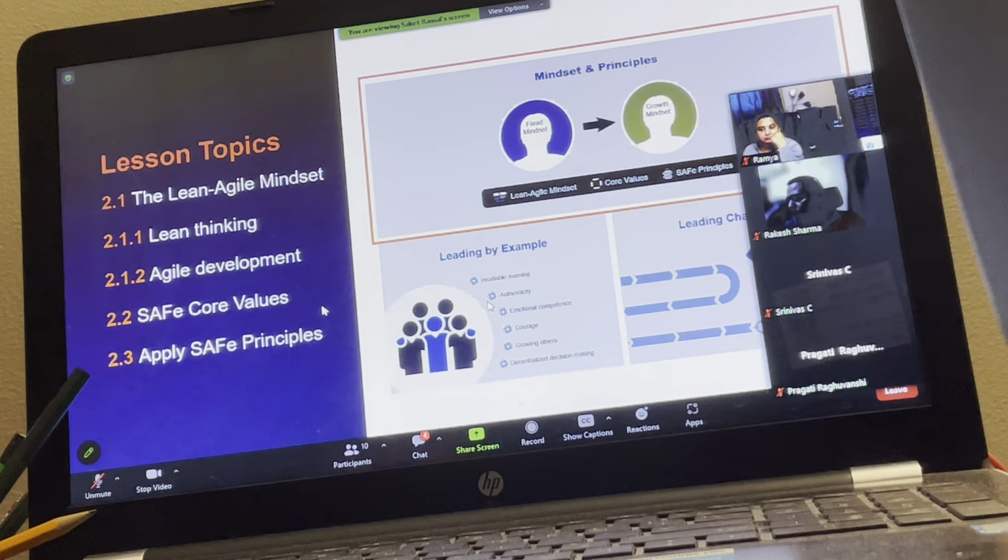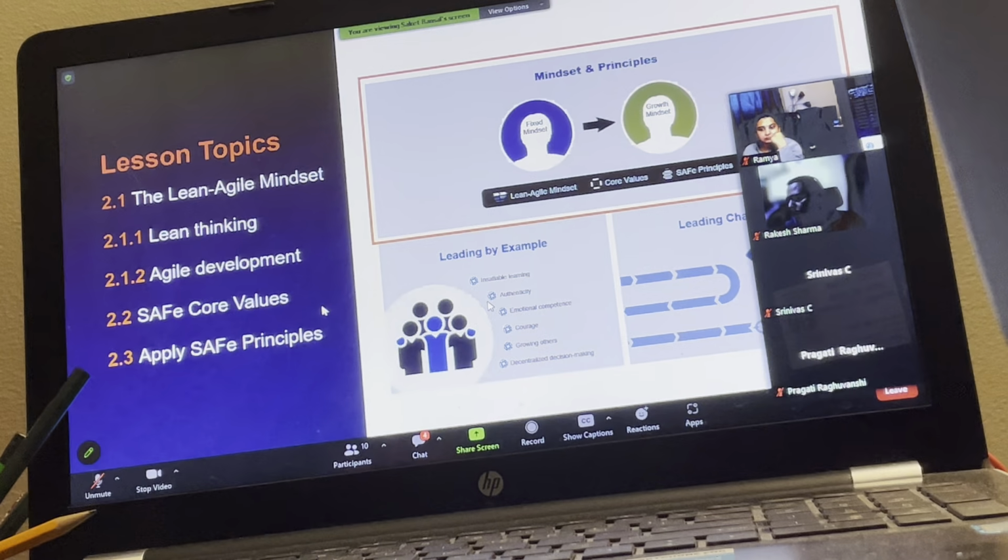The leader should be demonstrating agility and driving agility. If your leaders are not agile, then you will also have a problem in your overall business agility. So that lean agile leadership has one of the requirements where we say that leaders should have a lean mindset. Now, how do we identify that mindset? That is something we are learning in this lesson.